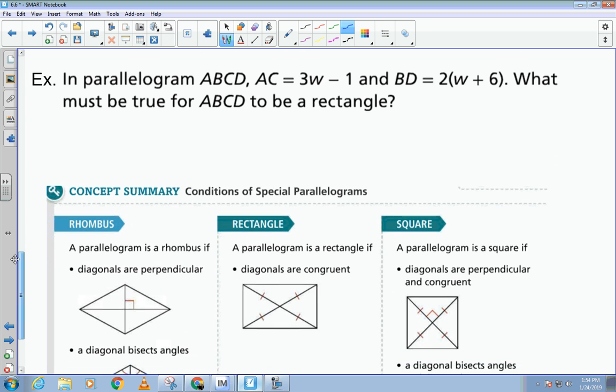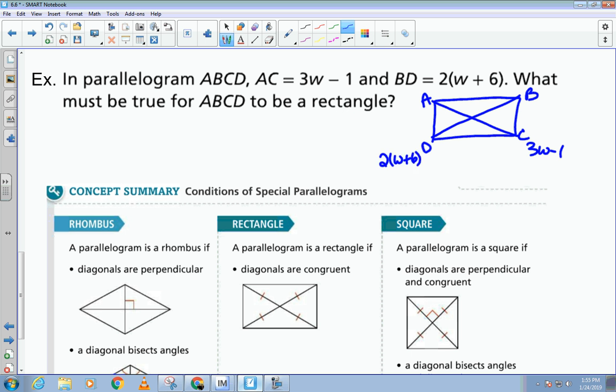In parallelogram ABCD, draw pictures. When you label it, how do you label it? Label clockwise or counterclockwise. So ABCD, it says that AC is 3w minus 1, and BD is 2 times w plus 6.